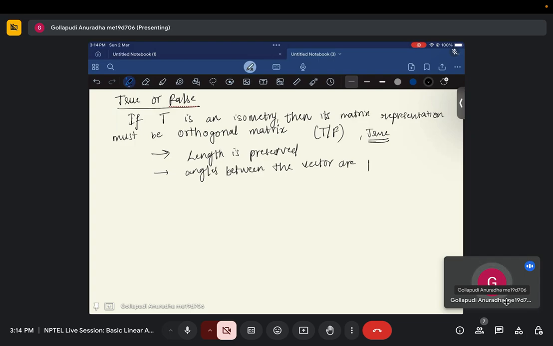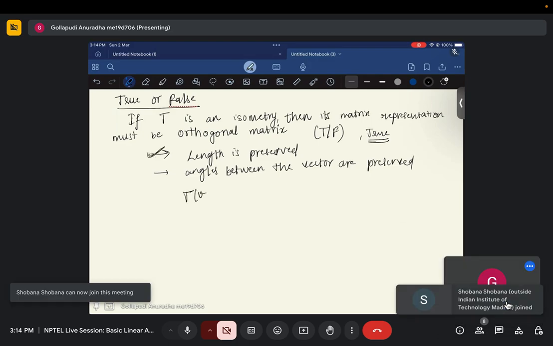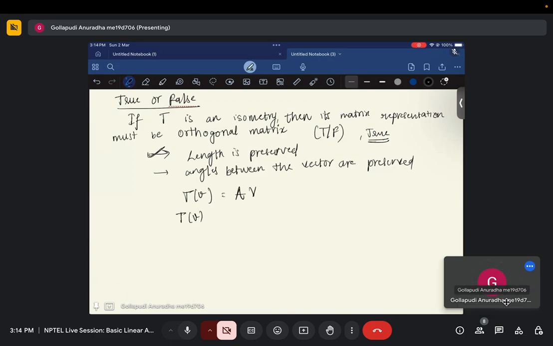So these two conditions should be there. So let's see first of all this condition. Suppose this matrix representation is V for the isometric transformation, then the norm should be equal to this. So this is the first statement.